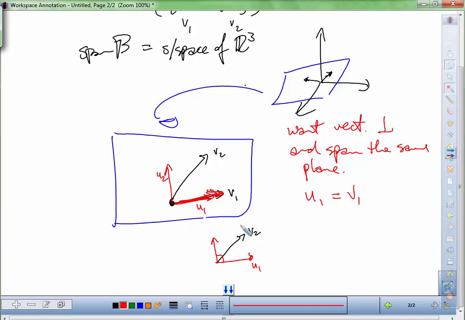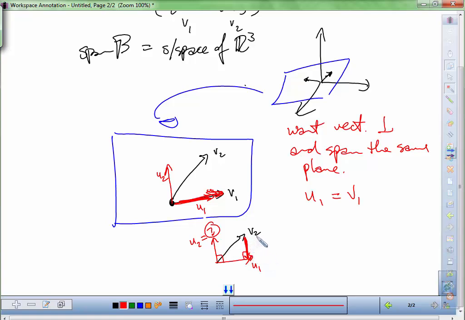So we have some tools like the projection tool, right? We can project, I don't know what this is yet, but if we project this down here, look at this projection. This looks like it makes a perpendicular line, right? And so maybe we can figure that out.